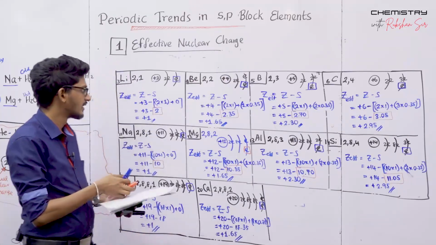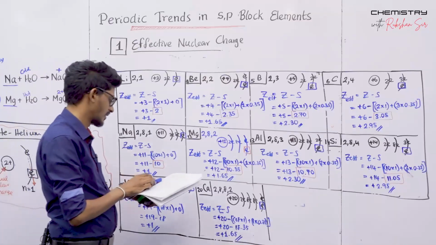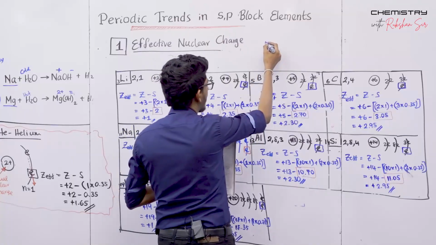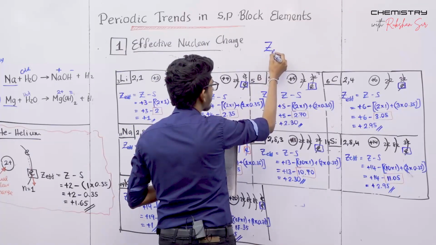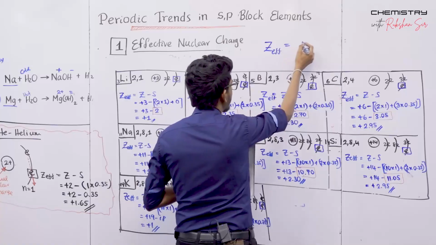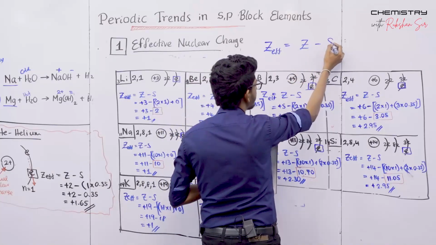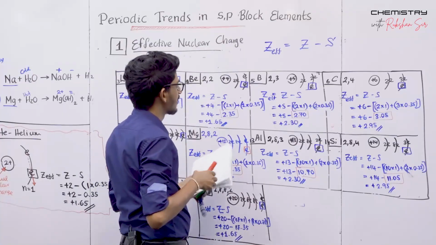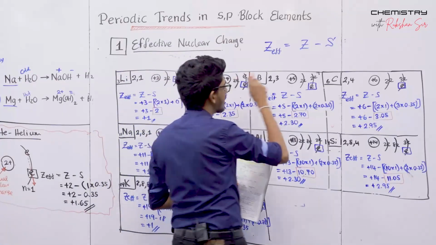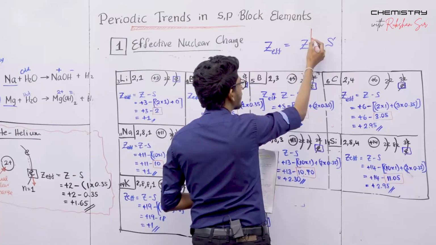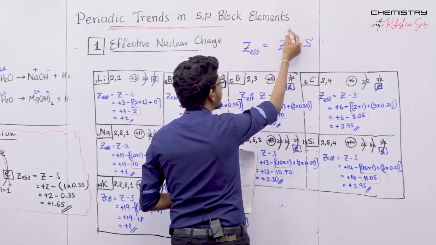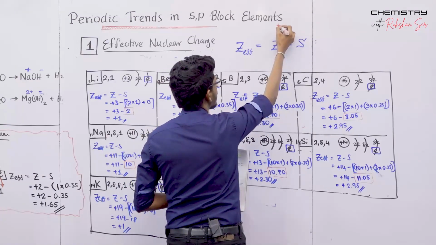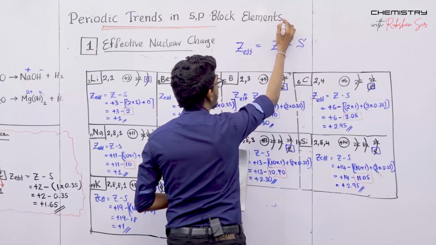The reason is this. The effective charge is Z minus S. So when going towards right, Z increases by 1 unit, as one proton is added to the nucleus.